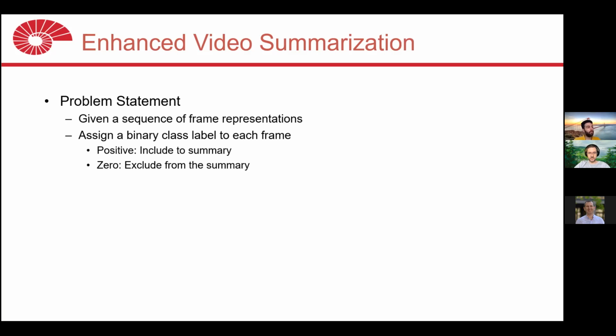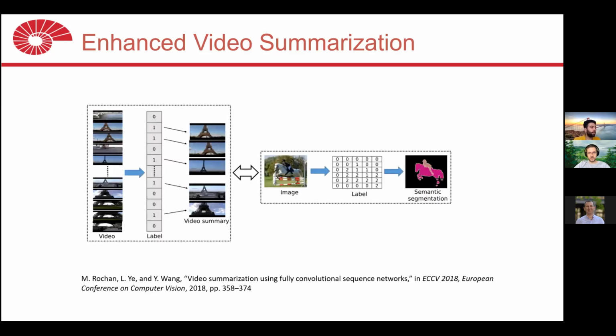Then we would like to assign a binary class label to each frame, where the positive class means we are including that frame in the summary. I mentioned that we would like to fuse this information, hence we choose a baseline for our model. This model is from Video Summarization Using Fully Convolutional Sequence Networks, which was published in 2018.